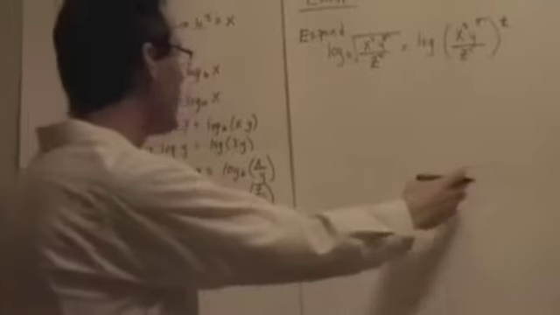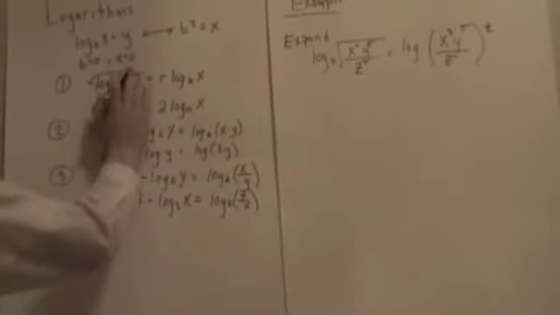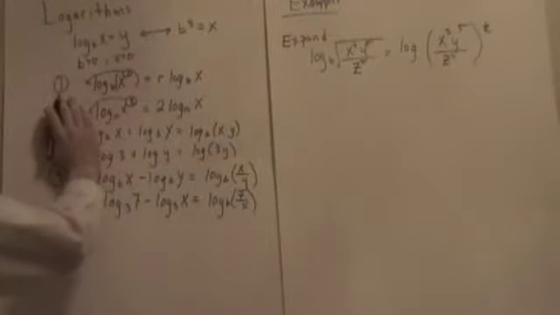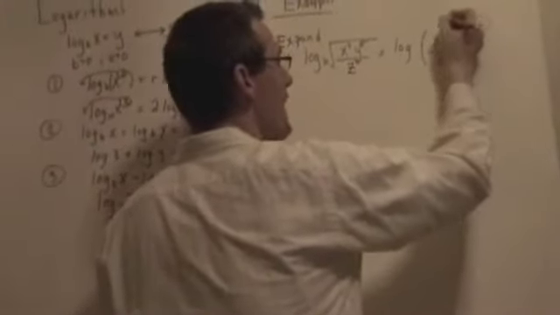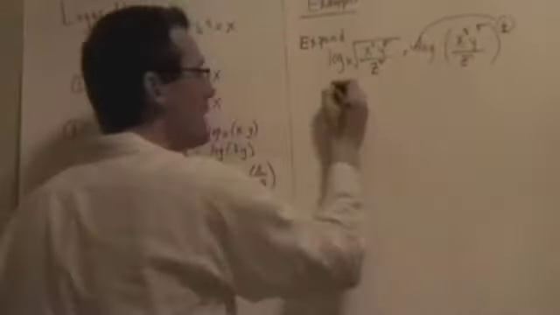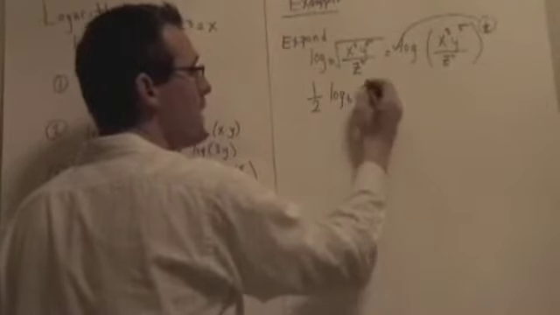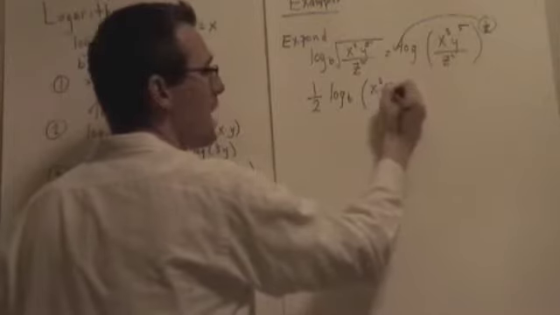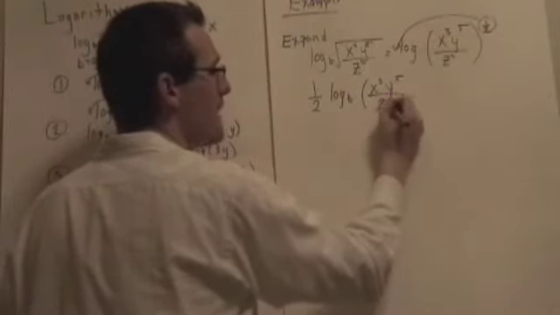From there, we refer to our properties, starting with property number 1, which says that this exponent can come down to the front and become a coefficient. So 1/2 comes in front. This is going to be 1/2 log base b of x cubed times y to the fifth divided by z squared.